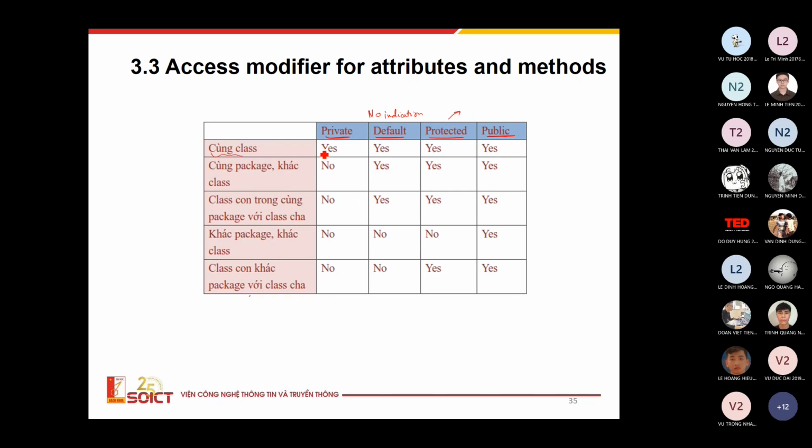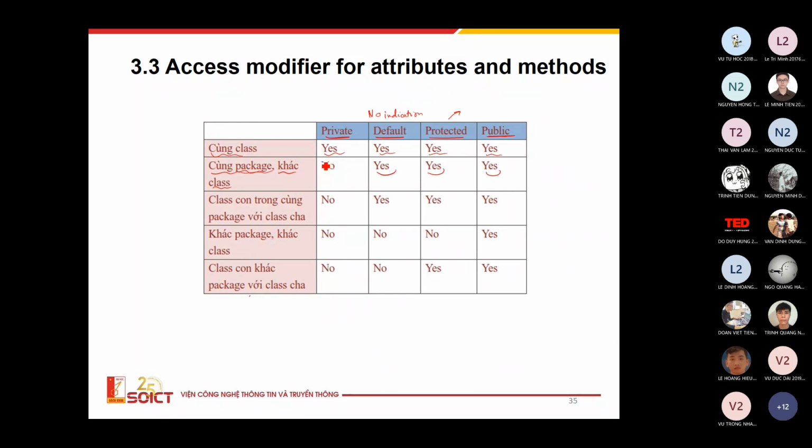In the same class, you can access every attribute or method that is public, private, default, or protected. In the same package but in a different class, you can access attributes and methods with modifier public, protected, or default.